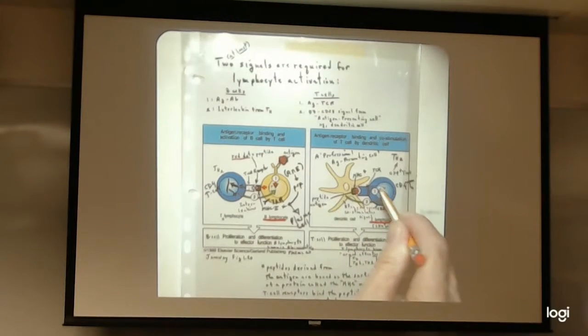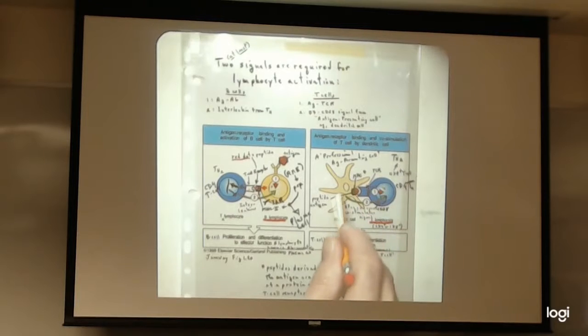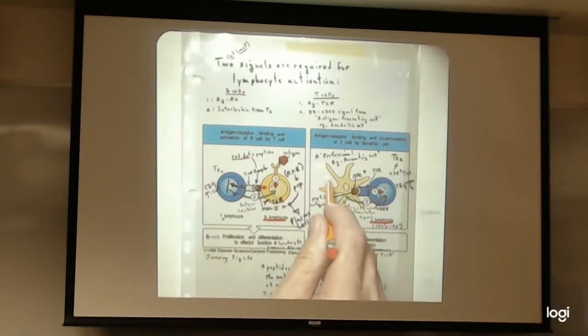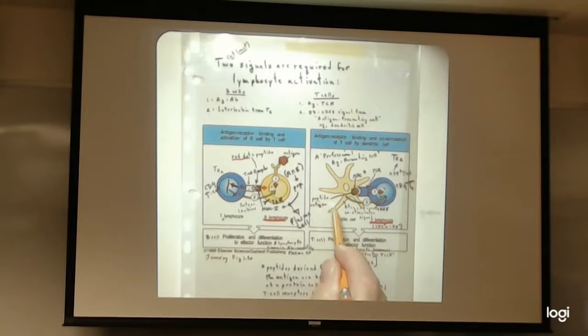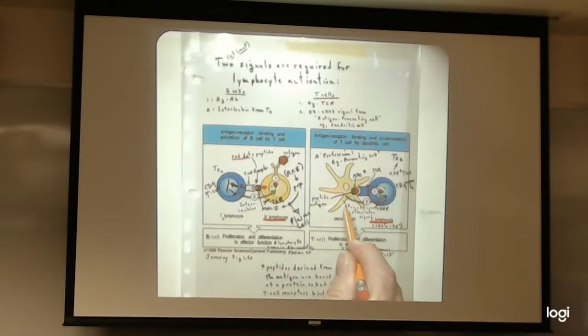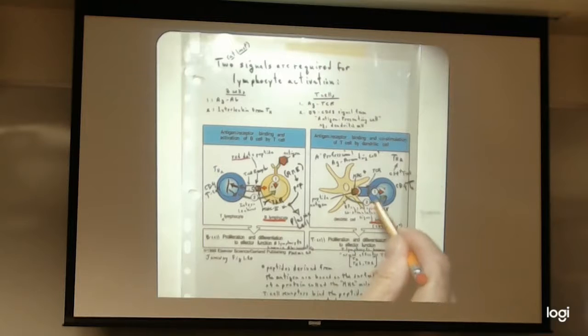That's signal number one. The T cell receptor generates signal number one. But then what makes this cell a professional antigen-presenting cell, in a way, is the fact that it expresses molecules with names like B7. This is a transmembrane protein that binds to a transmembrane receptor on the surface of the T cell, and that transmembrane receptor in the T cell then sends signal 2 into the nucleus.